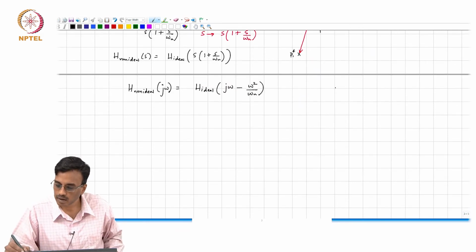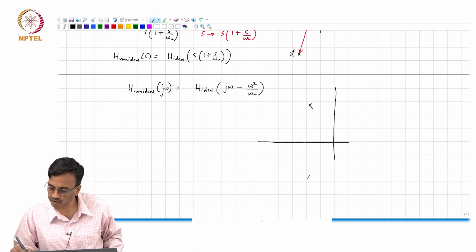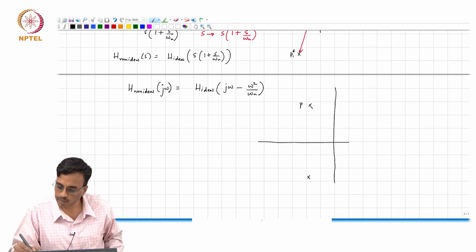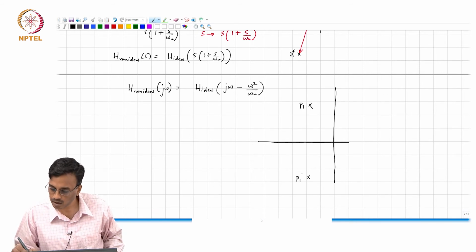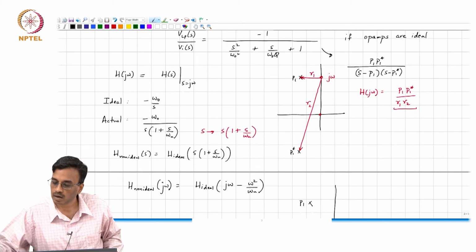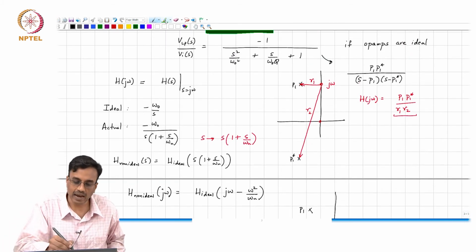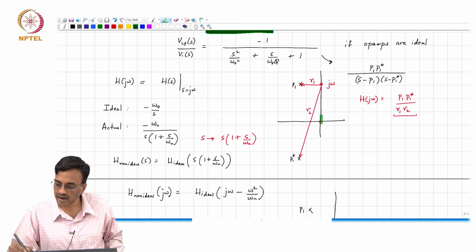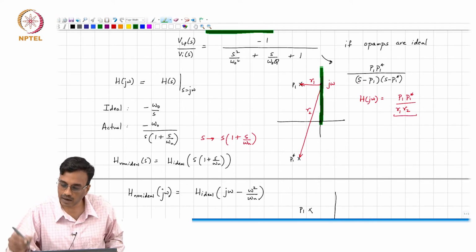So, how do we interpret this equation? Remember, if we had the original transfer function, this is P1 and this is P1 star. To find H ideal of j omega, we would go along the j omega axis along this path as shown there.